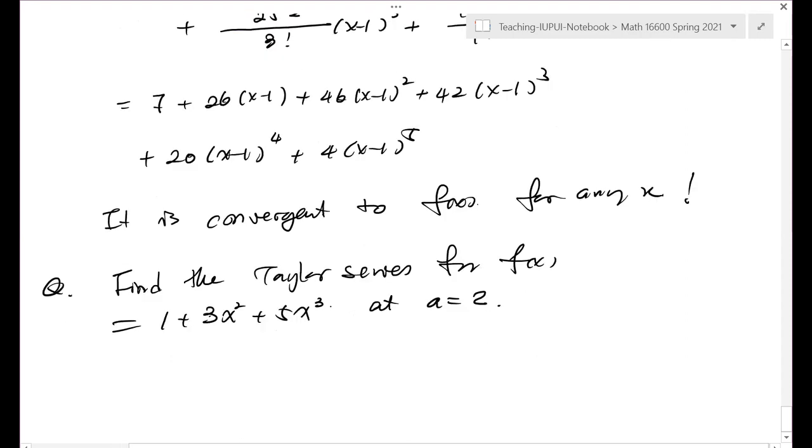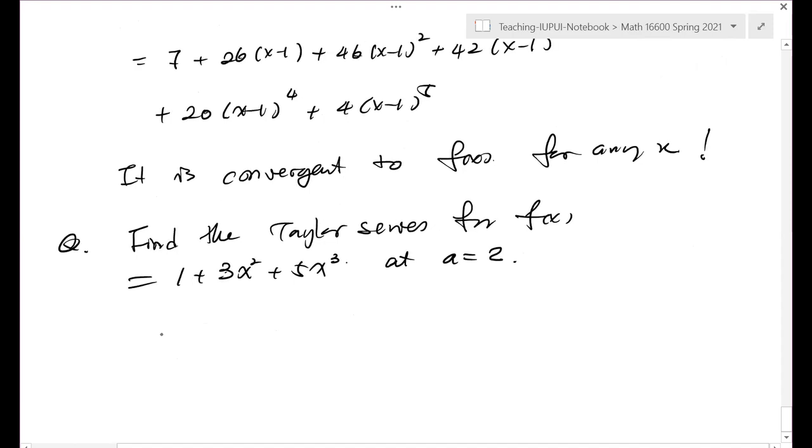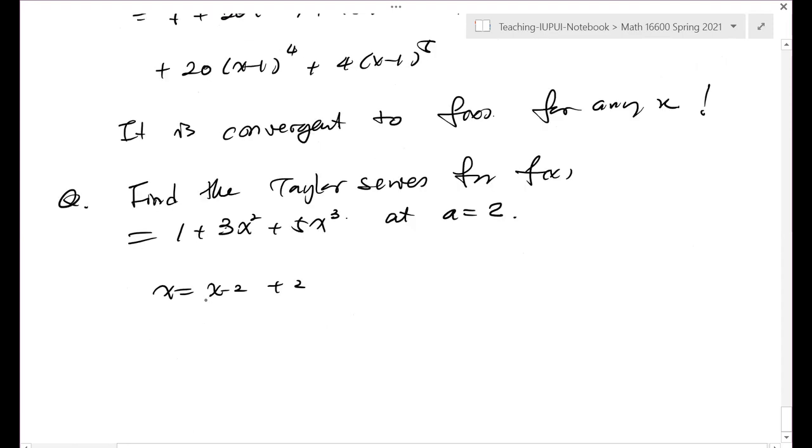Now, you can use the definition to find it, no problem. What I'm trying to do is apply the same trick. So here's x minus 2 plus 2.